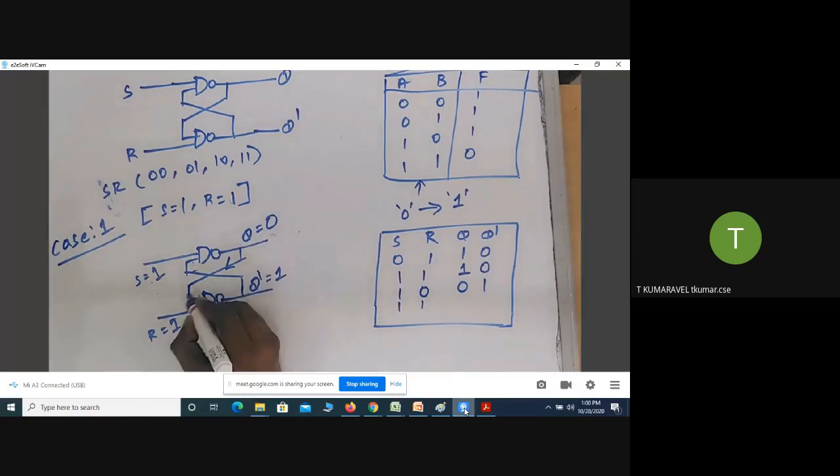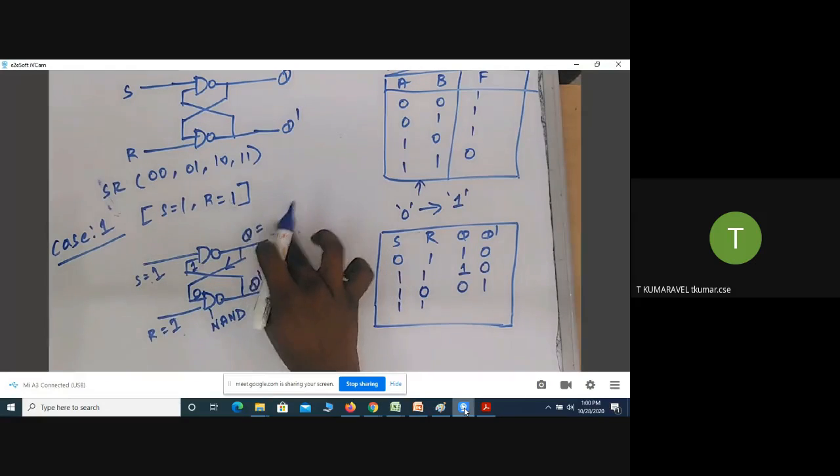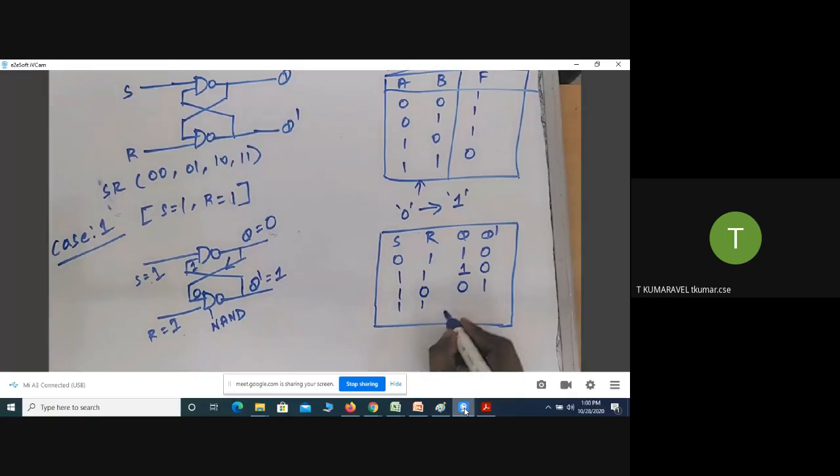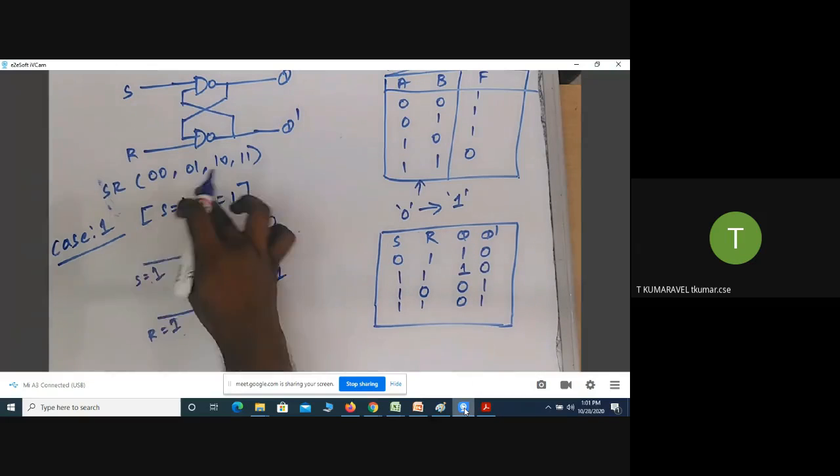The previous stage output is 1 0, so the output is 1. This is a feedback for here. S equal to 1, here 1, so 1 1 gives output 0. My input is 1 1. After 1 0 followed by 1 1, my output is 0 1. So again, it will retain the same state. Okay. So next, what am I going to do?